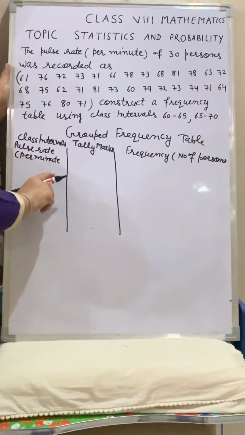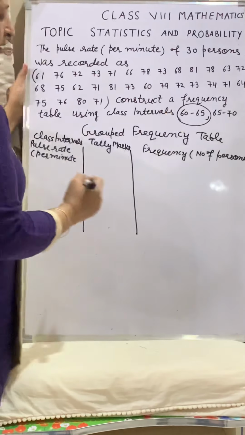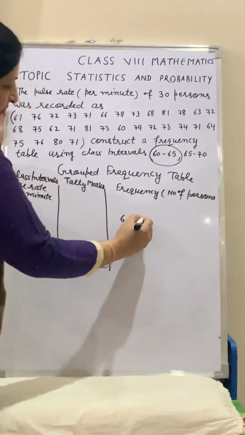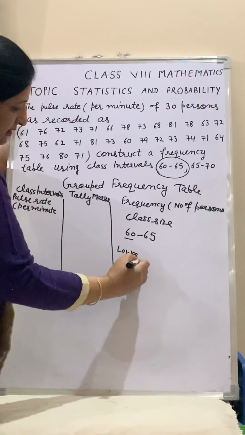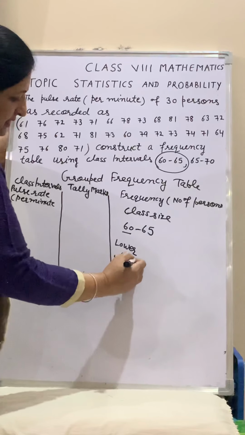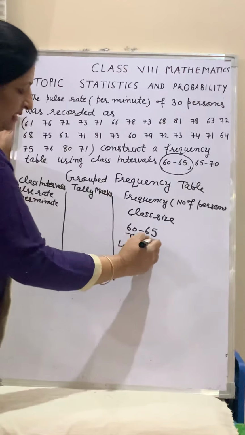If class intervals are given, it means the class size is given. What is the class size? Take 60 to 65. 60 is called the lower limit and 65 is called the upper limit.